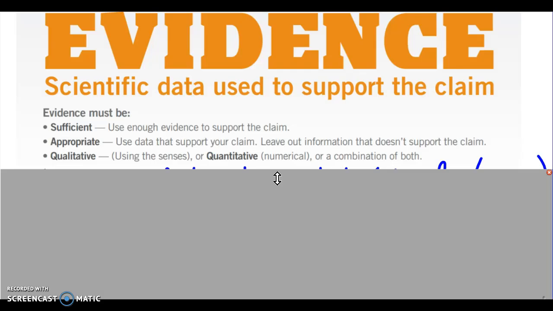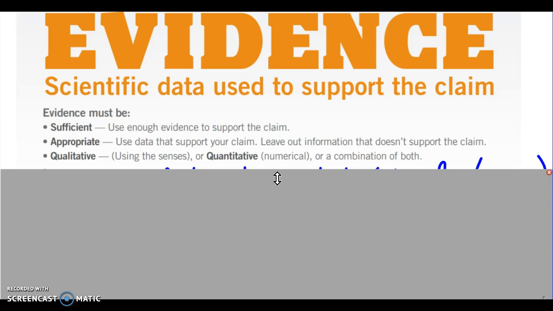So qualitative is using the senses. In this particular Is It Alive lab, we use both of these. We made observations using our senses, so that is our qualitative data. And then we used quantitative data, so that would be the temperature readings that we took. So we used a combo of both in this particular lab, okay?